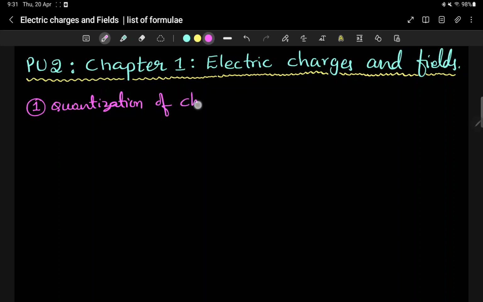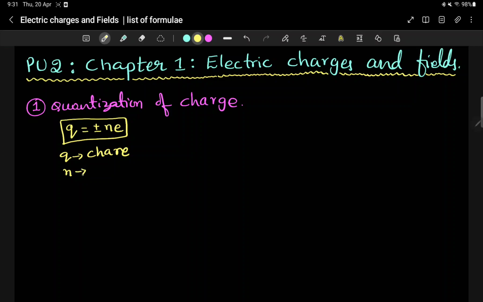It is given by Q is equal to N into E, or you can also write plus or minus N into E, where Q is charge, N is an integer, and E is the basic fundamental charge.